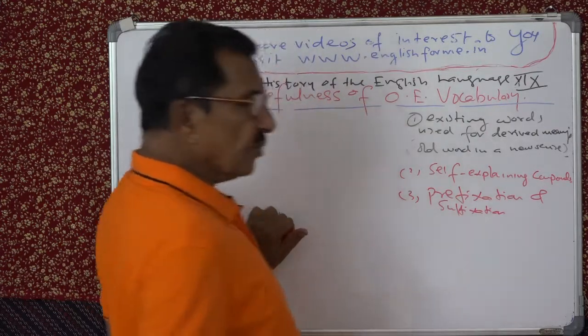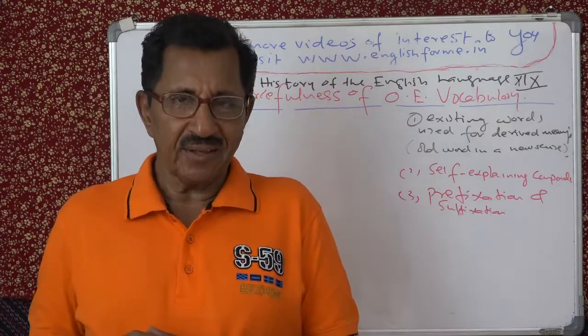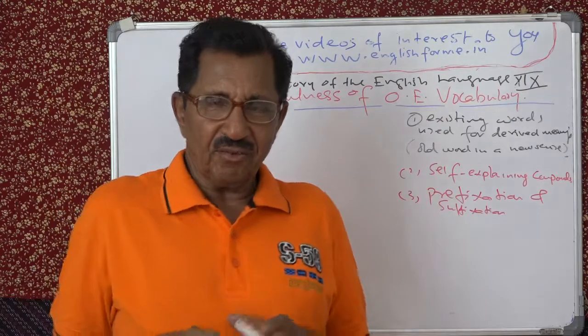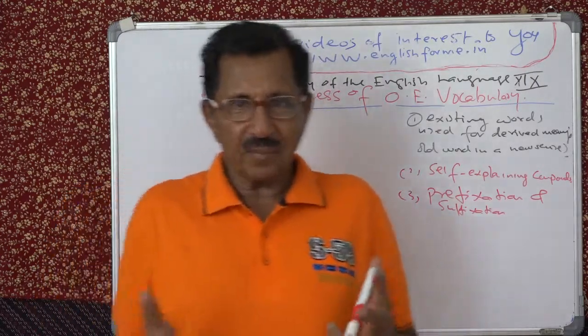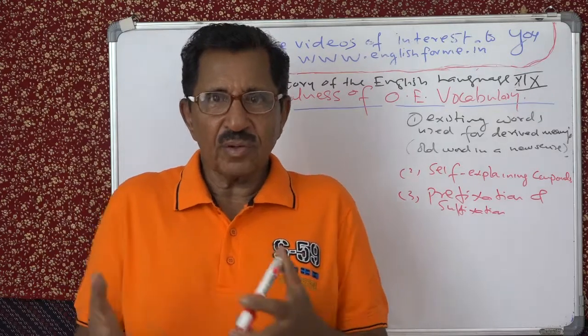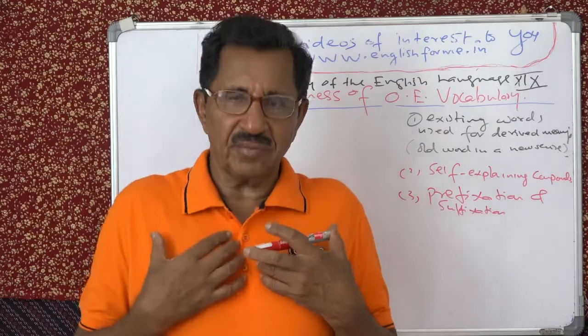Now there is a fourth way that's very interesting, usually done by poets. A roundabout way of saying the same thing. For example, instead of saying mother, you can say the woman who feeds me, the woman who loves me very much.